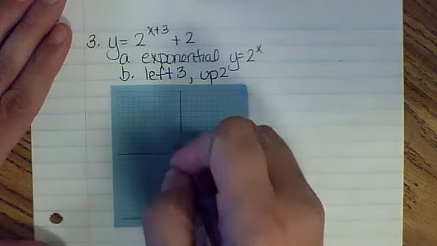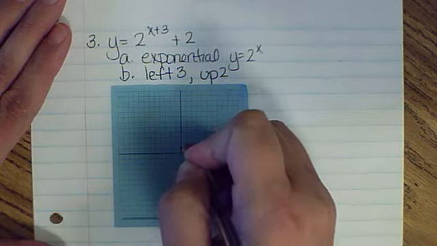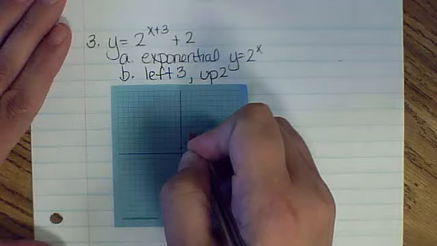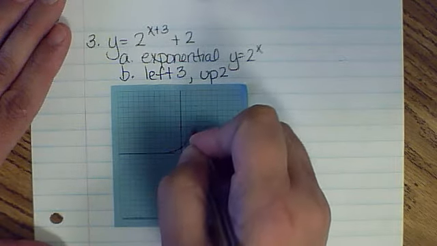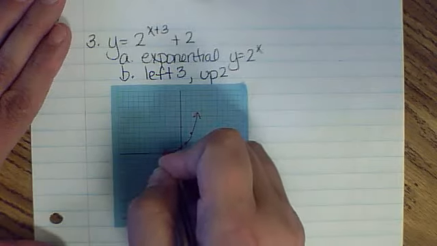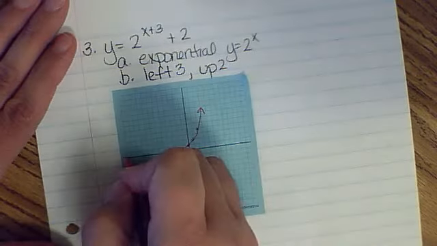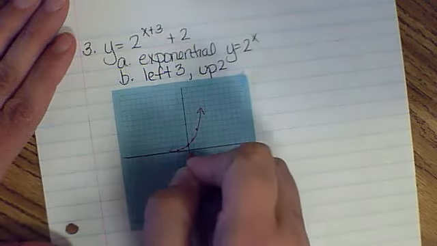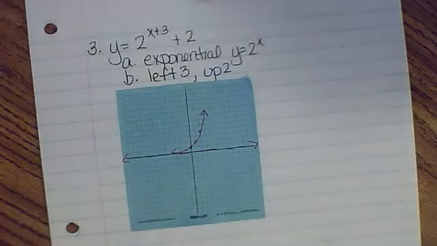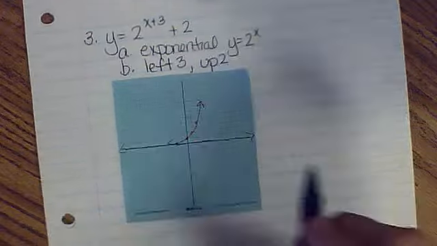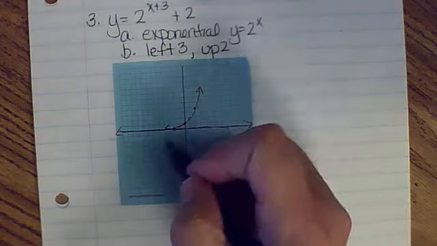So our graph, I'm going to graph the parent function. And the exponential has an asymptote of y equals 0. Okay, so remember, the red one is the parent function.